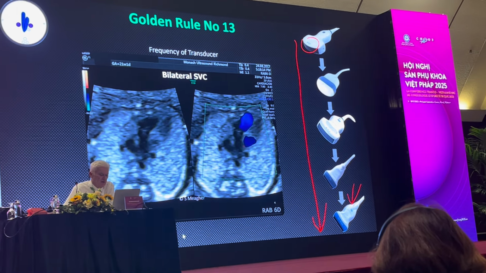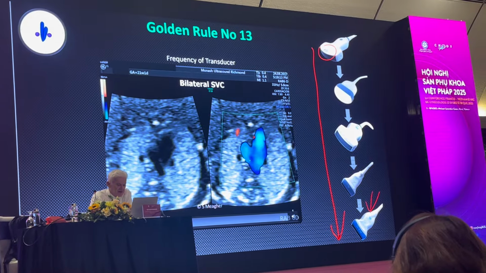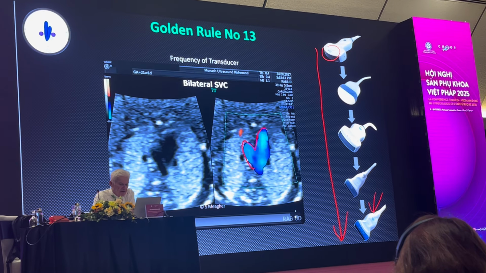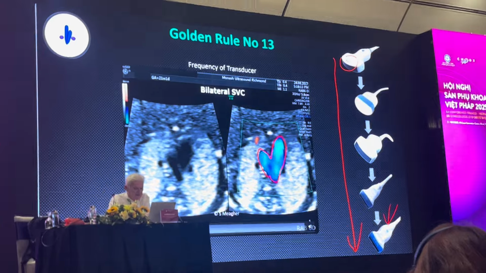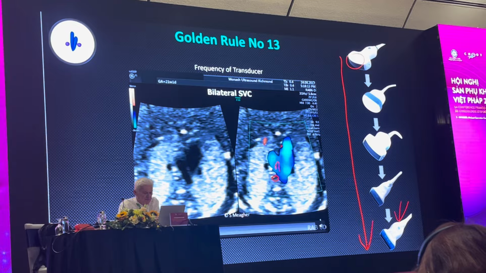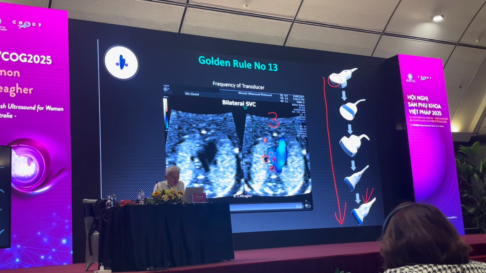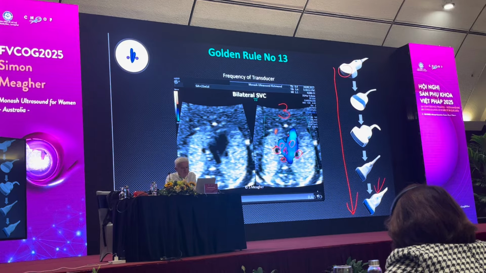So I told you when we did our first rule of thumb is look at the three vessels view, and you should see the main pulmonary artery and the aorta. You know that the vessel closest to the trachea is the aorta. But you are seeing not three vessels, you are seeing 1, 2, 3, 4.